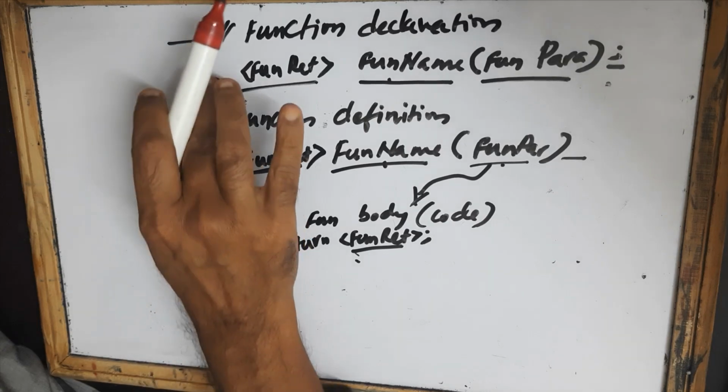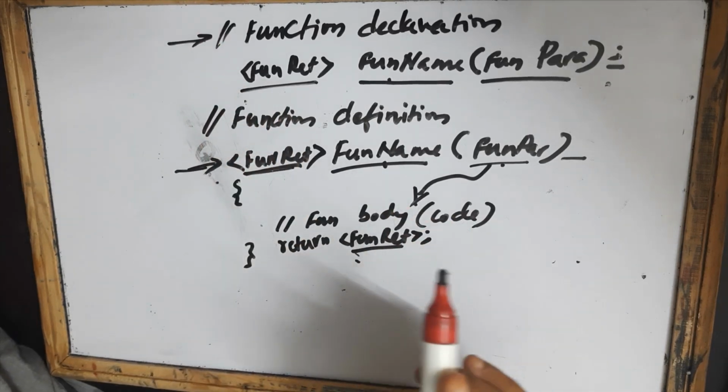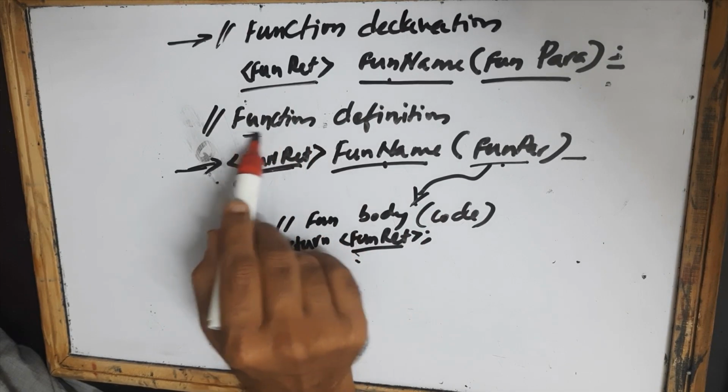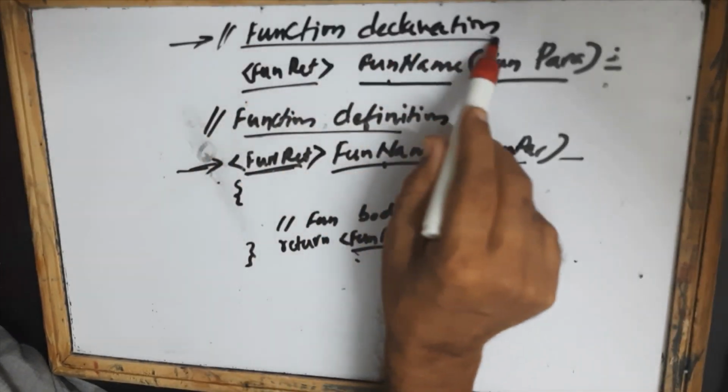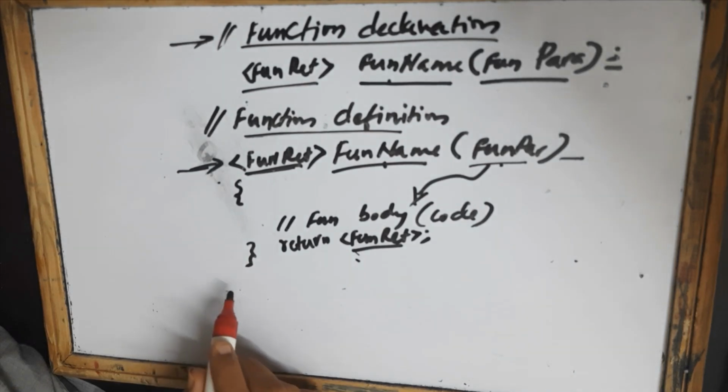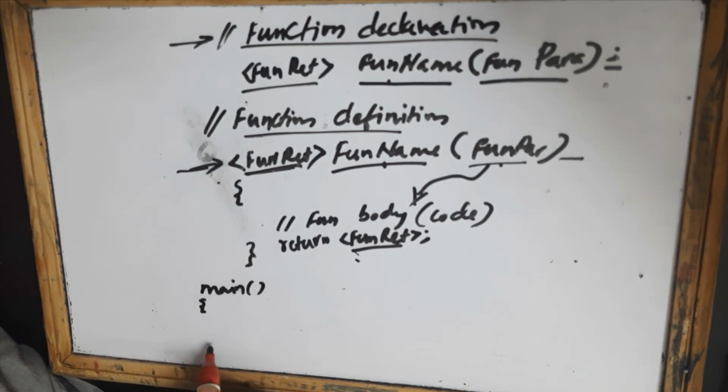Then the function definition, function declaration, and the last one is using the function, maybe in the main function. Close, and you call the function here.